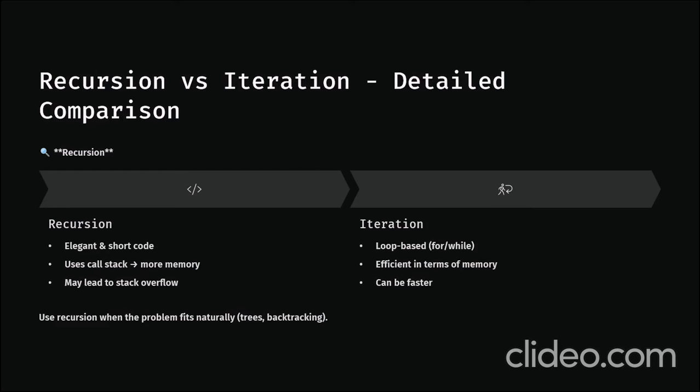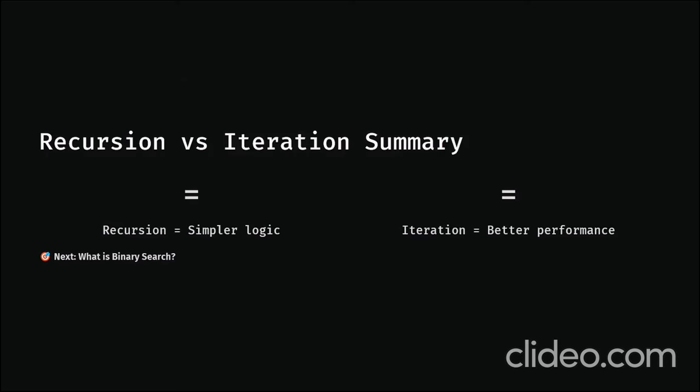It uses the call stack, more memory is used, and it may lead to stack overflow. While iteration is loop based, a for loop or while loop you can use, efficient in terms of memory and can be faster. Use recursion when the problem fits naturally. So recursion means simpler logic while iteration means better performance.